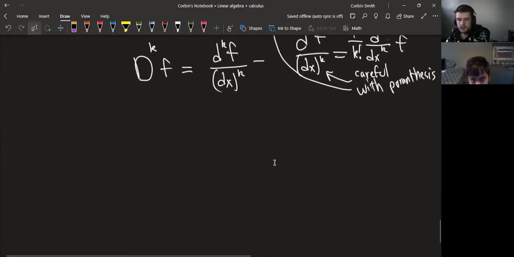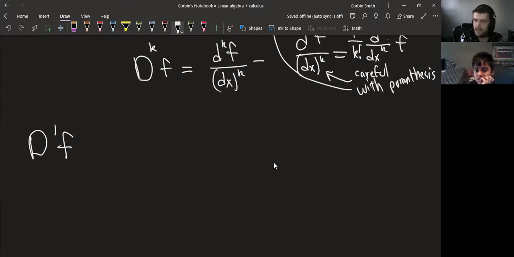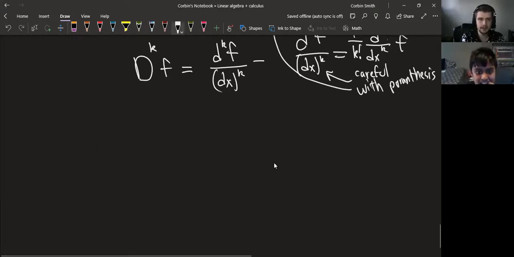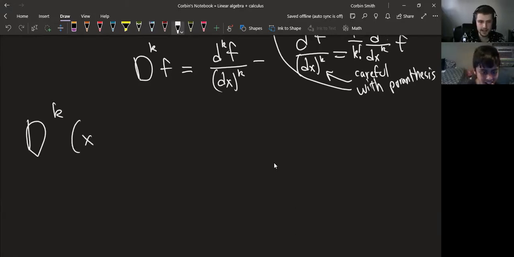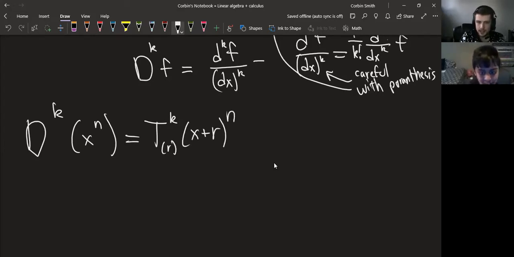I want to rewrite D1 of f as a matrix product. Let's see what Dk of x to the nth power is. That's the kth truncation evaluated at r of x plus r to the nth power, minus the k minus 1th truncation evaluated at r of x plus r to the nth power.